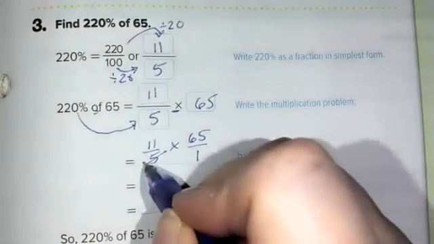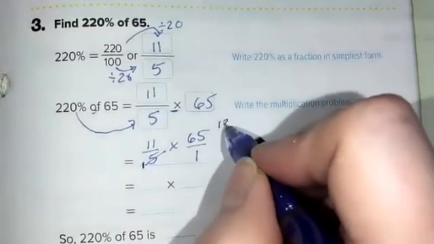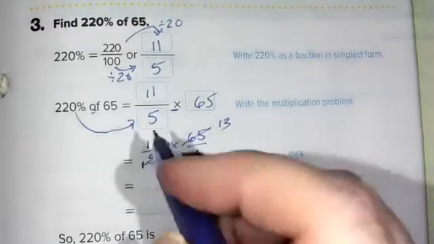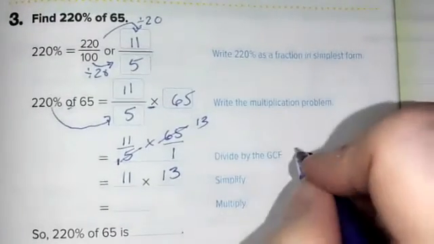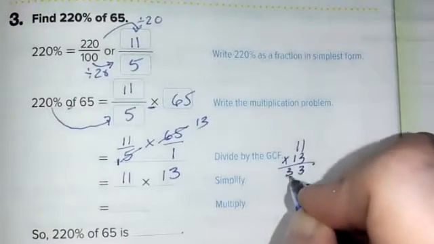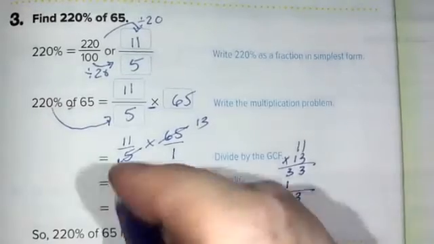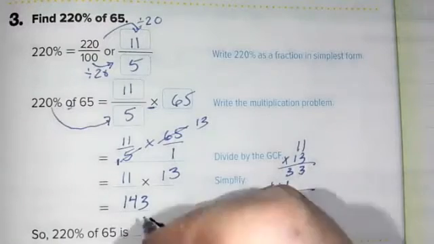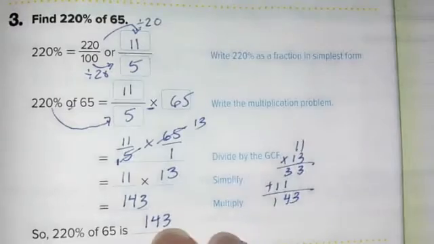Okay, 5 divided by 5 is 1. 65 divided by 5 is 13. So then we have numerator times numerator, 11 times 13. This gives us 143. Denominator times denominator is just 1 times 1. So it's just 143. 220% of 65 is 143.